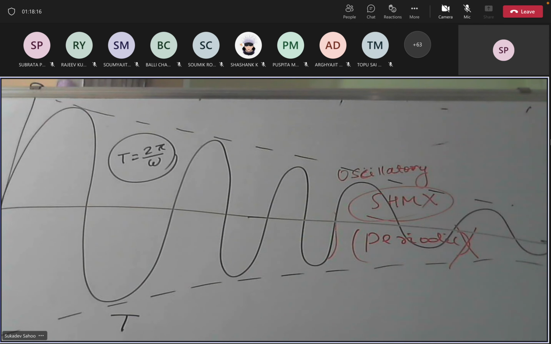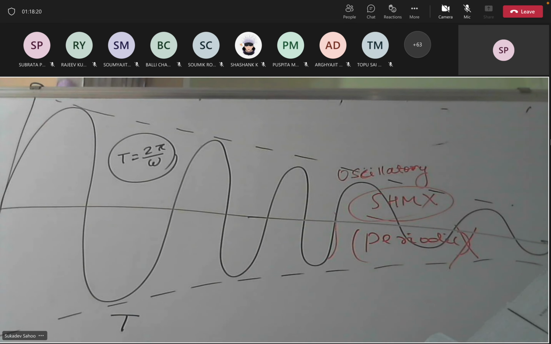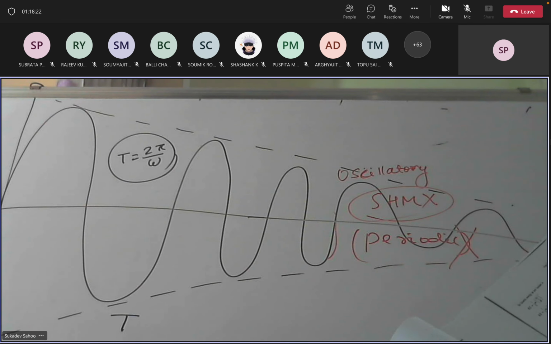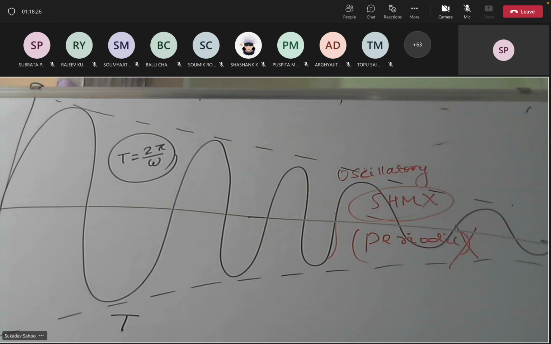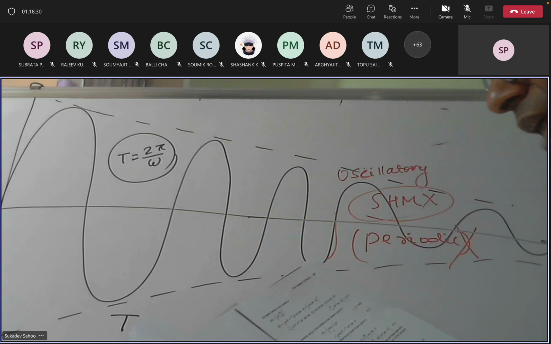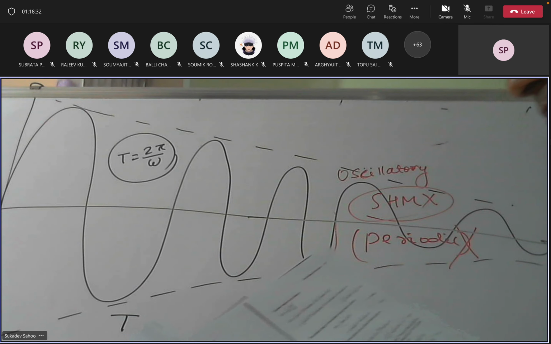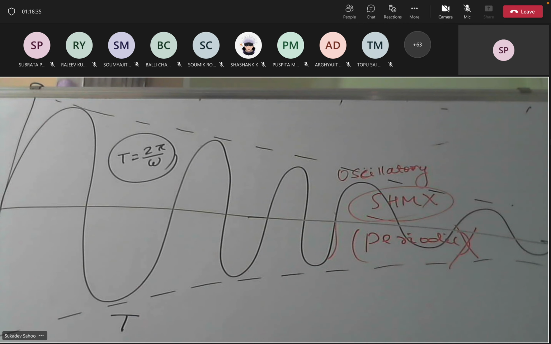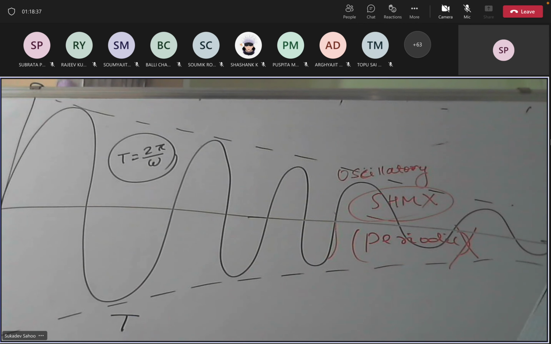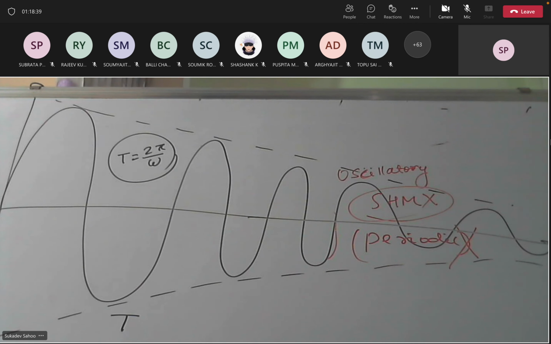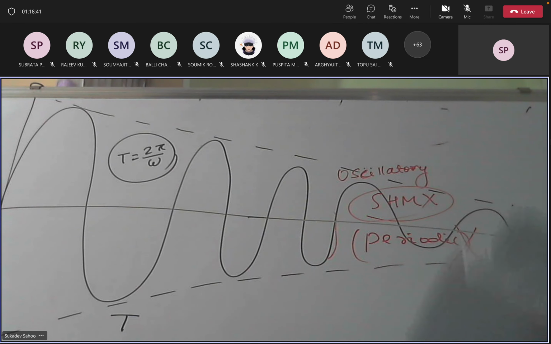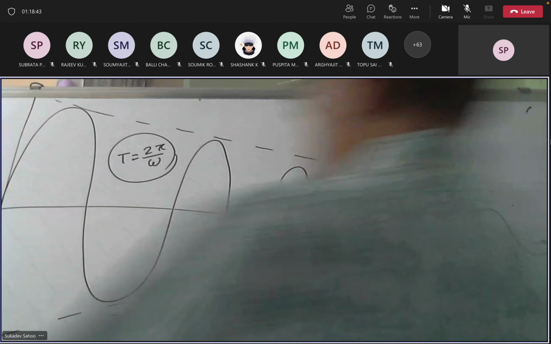The time interval between two successive zeros of displacement is T by 2.